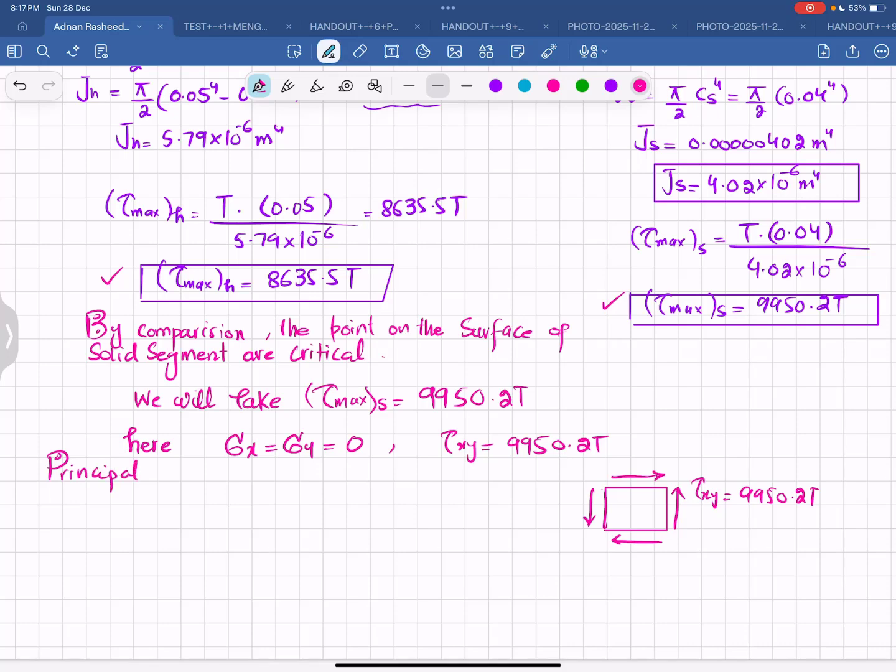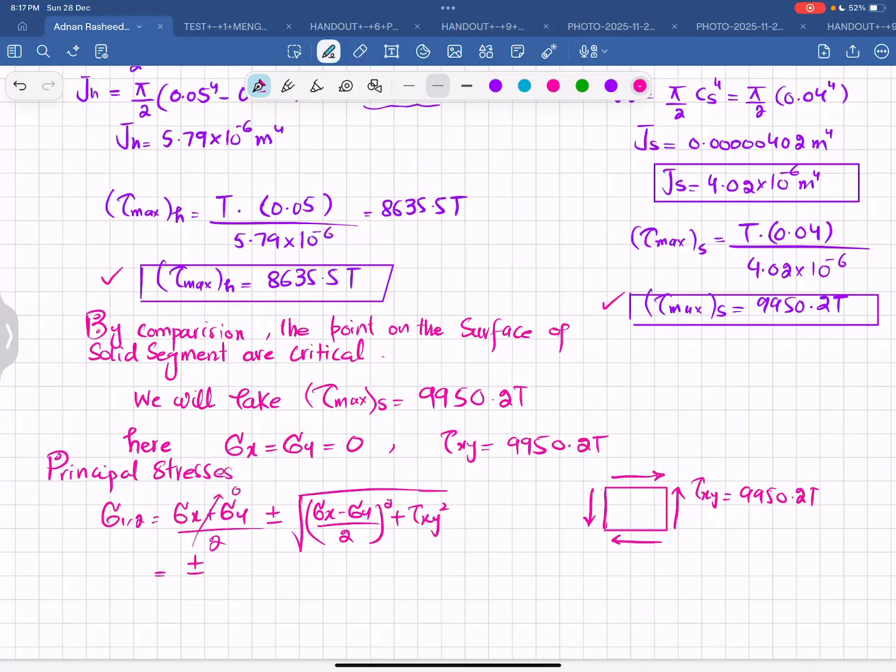Now we are going to find the principal stresses, because in the maximum shear stress theory you need sigma 1 and sigma 2, which are the principal stresses. So principal stresses sigma 1,2 is equal to (sigma x plus sigma y) divided by 2 plus minus the root of ((sigma x minus sigma y) divided by 2) whole square plus tau xy whole square. Since sigma x and sigma y are 0, those terms become 0, and we have only plus minus the root of (9950.2t) whole square.